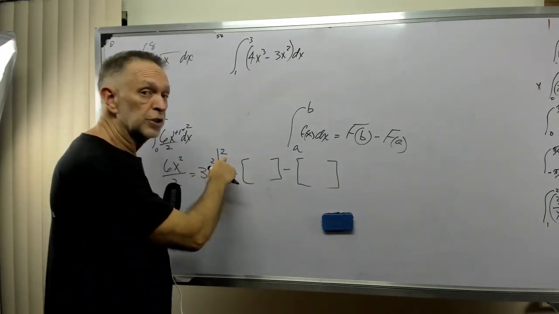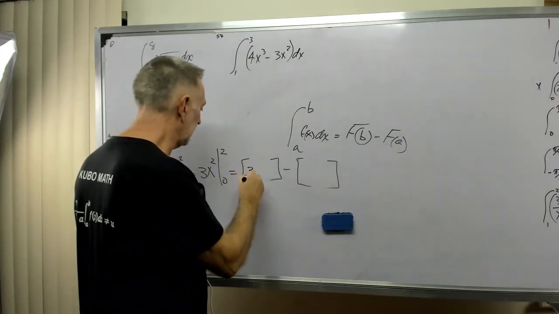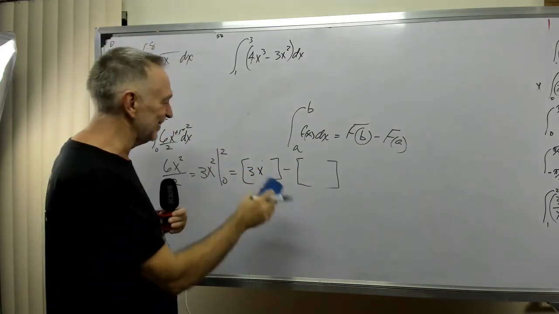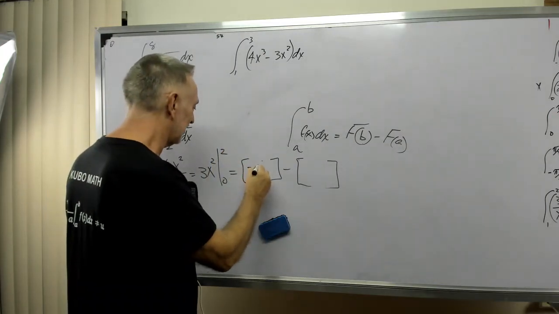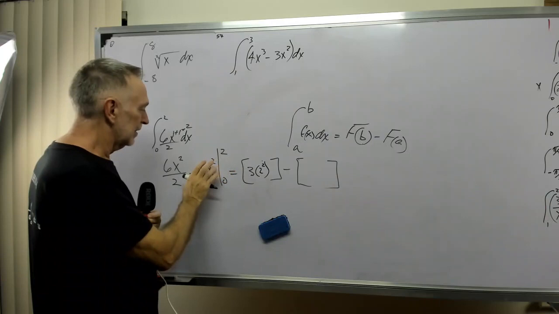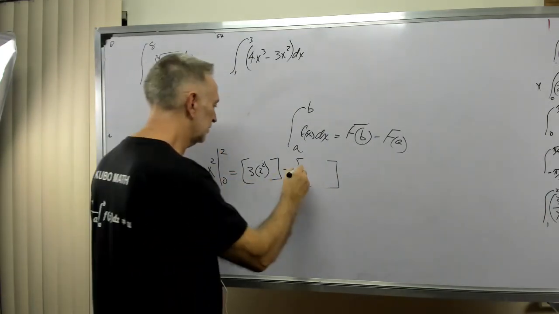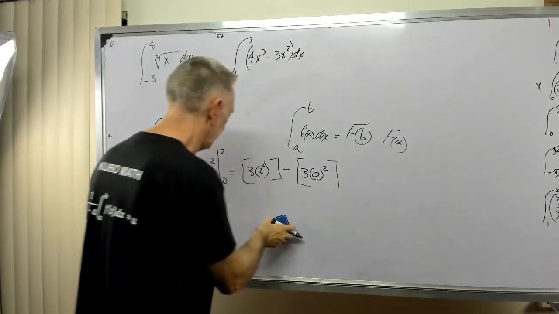We're substituting 2 in for x, so 3 times 2 squared. That was F of b. Now F of a, so we have 3 times 0 squared.